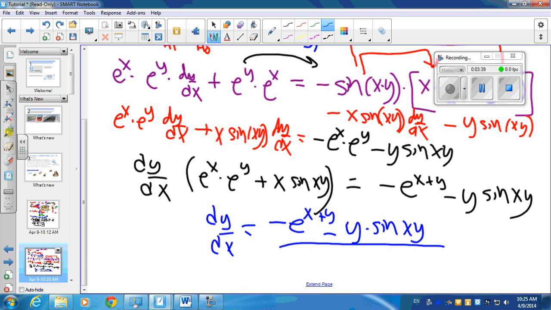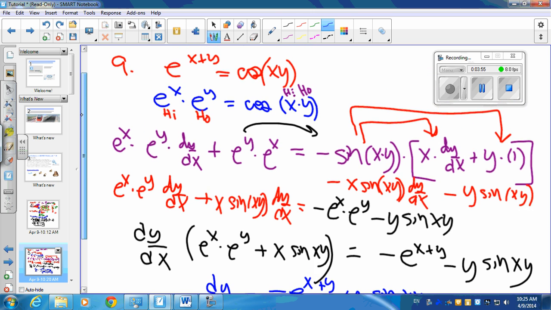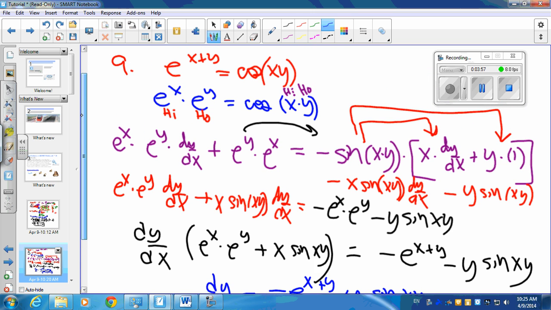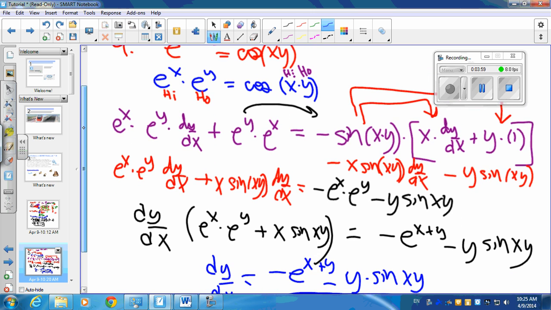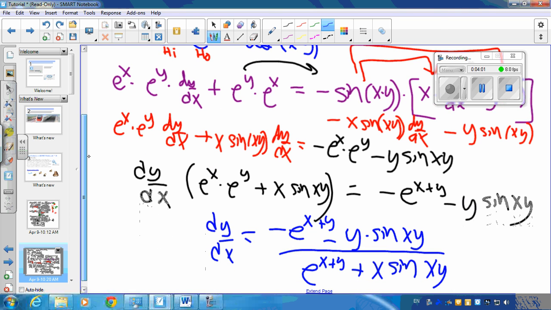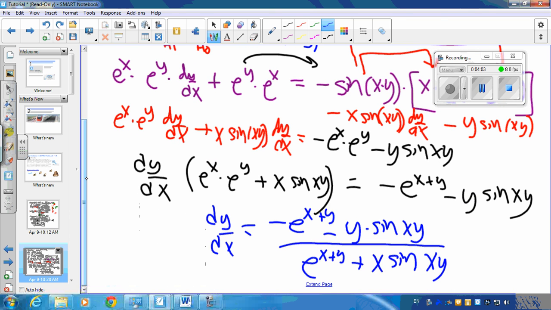Over this thing, e to the x plus y plus x sine xy. What do you think? Are you okay with how I solve for dy dx? So this is called an implicit derivative. Because you have x's and y's, you're going to have more than one dy dx term, so you combine them into one, and then solve for dy dx, which I did here.